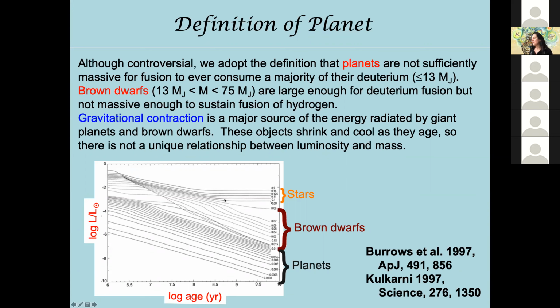Here the luminosity doesn't change for a long time, so then you have a nice mass-luminosity relation. But for brown dwarfs and planets, that's not possible. They just keep cooling down.